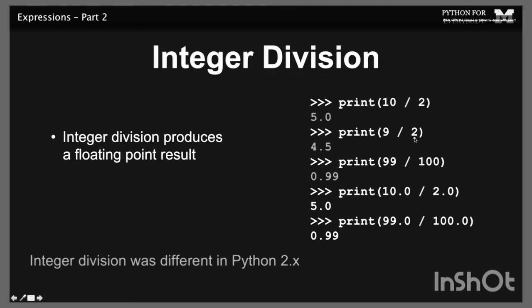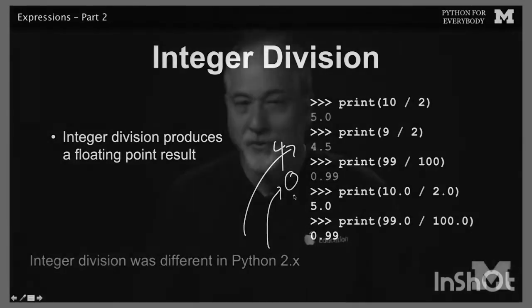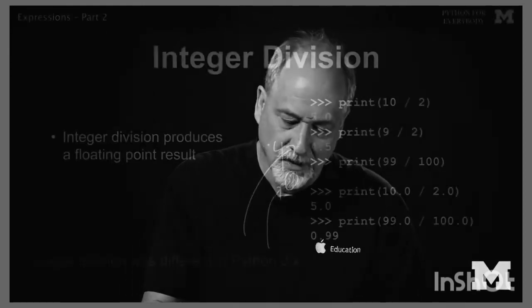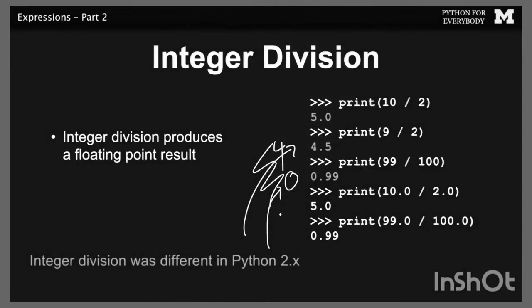So 9 over 2 is 4.5. In Python 2, this used to be 4. And then 99 over 100 is 0.99, exactly what you'd expect in Python 3. In Python 2, that was a 0. Why? Because it truncated. It didn't even round the numbers. It chopped them off. So this was really quite a silly artifact of Python 2. If you get stuck in Python 2, you just use floating point numbers.